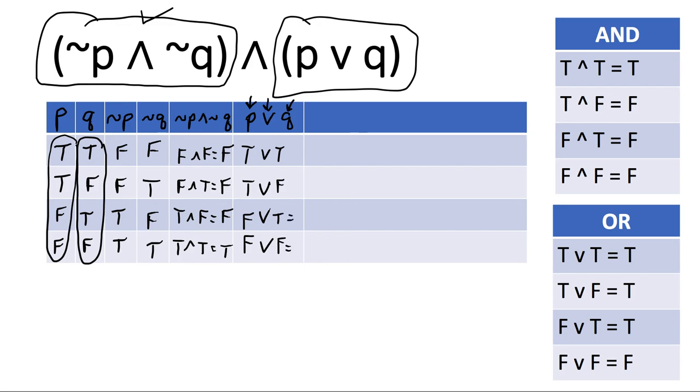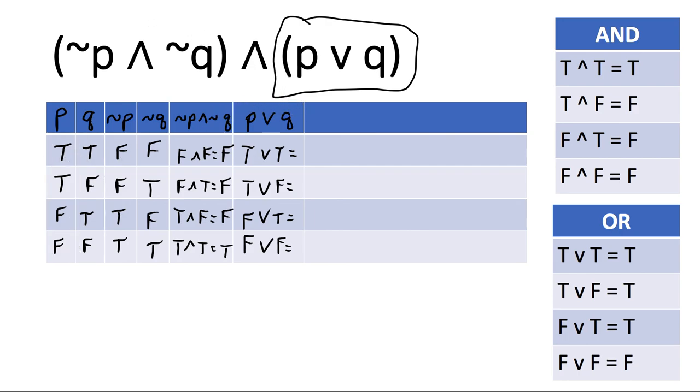And again, now I need to figure out the truth value for these four statements. So we'll do our OR chart. T or T is true. T or F, also true. F or T, true.